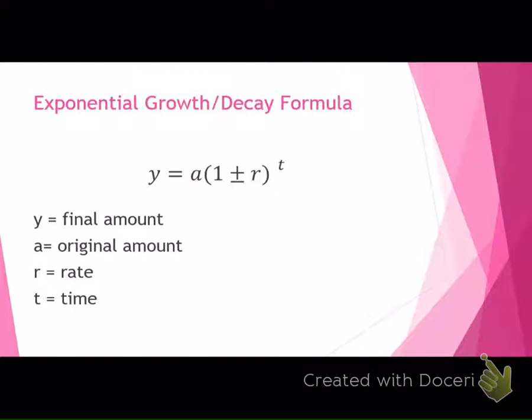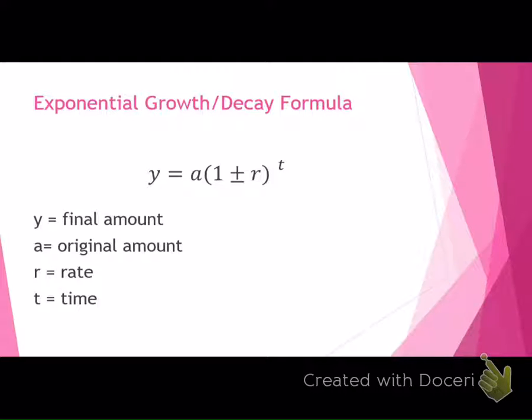All right, so let's first talk about exponential growth / decay formula. Does anybody know what that plus minus symbol in between the 1 and the R means? Anybody seen that before?